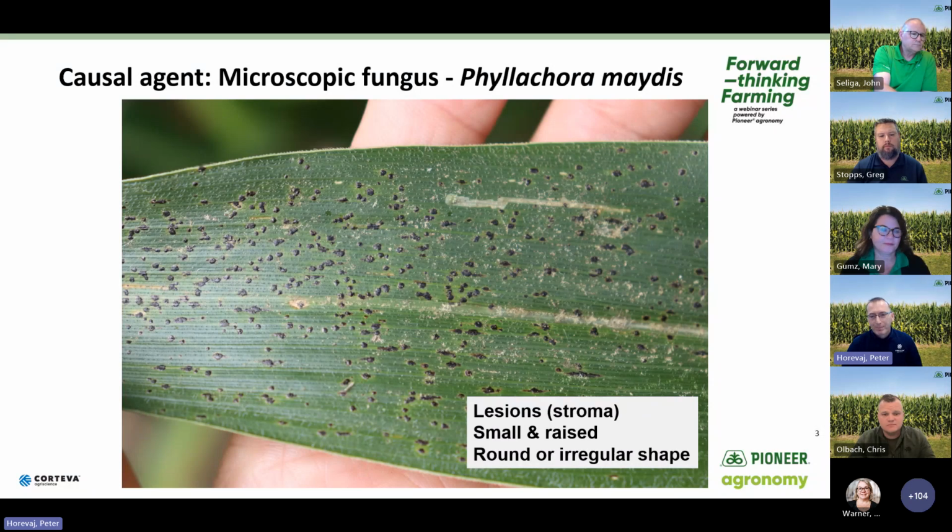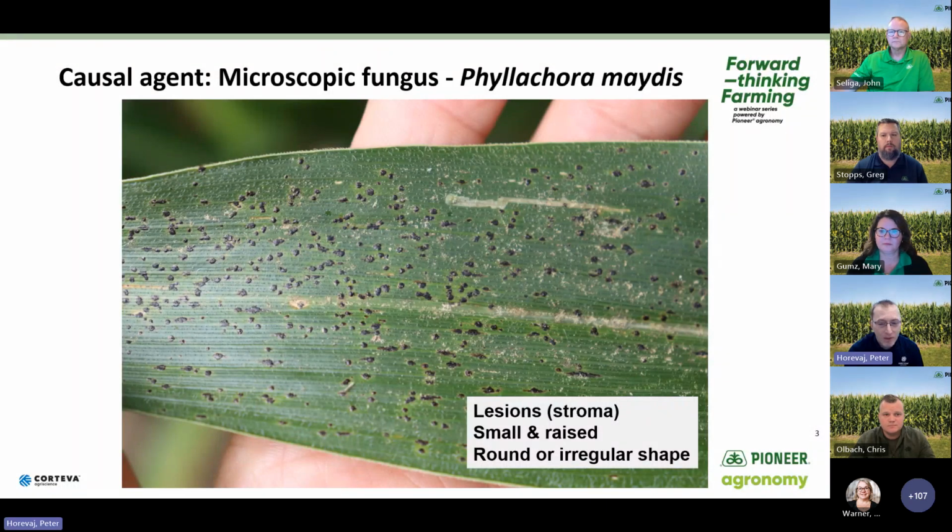So we'll jump straight to it. This is maybe the typical look that you can see on the leaf, what tar spot can do in the corn, at least in the earlier stages.